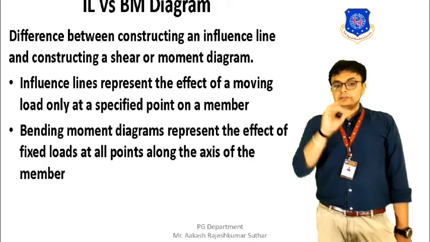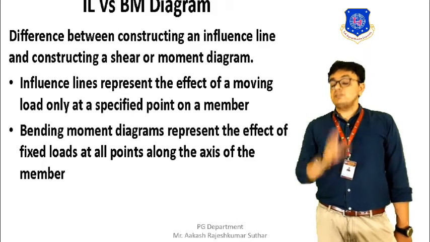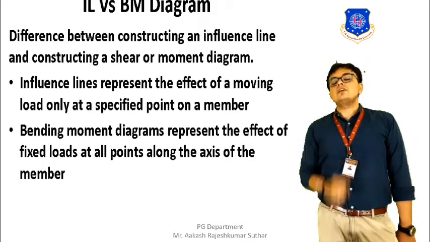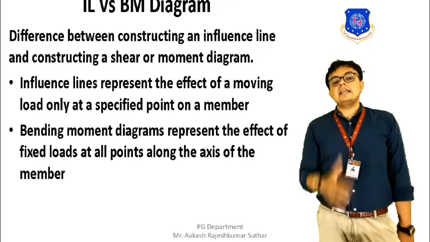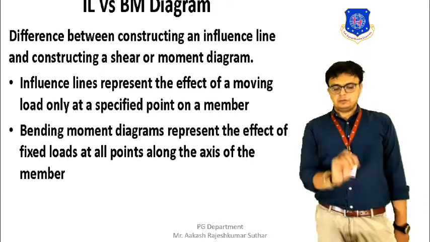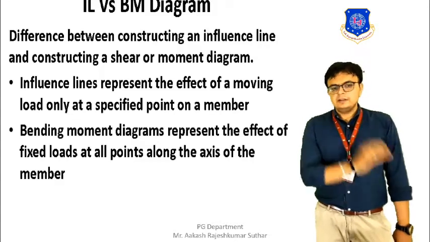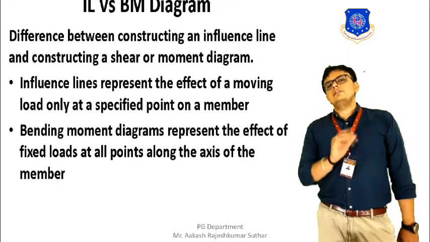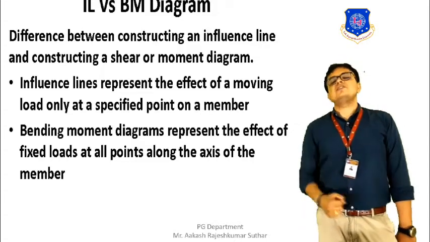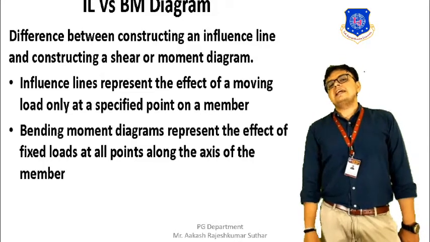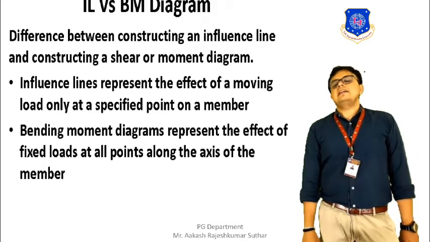But the bending moment diagram represents the effect of the fixed load at all the points along the axis of the member. It means it is not at a particular fixed point, it is at all the points and the loads are fixed. So, this was the difference between the influence line diagram and the bending moment diagram.